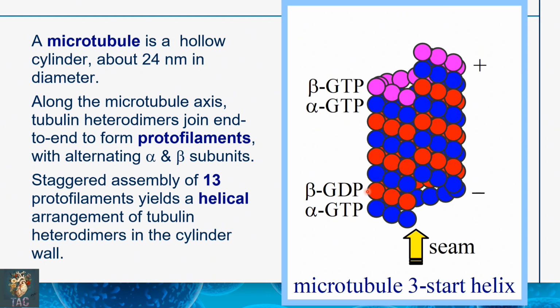The microtubule is a hollow cylinder 24 nanometers in diameter. Along the microtubule axis, tubulin heterodimers join end to end to form the protofilaments with alternating alpha and beta subunits. Staggered assembly of the 13 protofilaments yields a helical arrangement of the tubulin heterodimers in the cylinder wall.